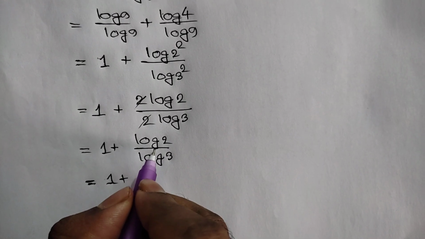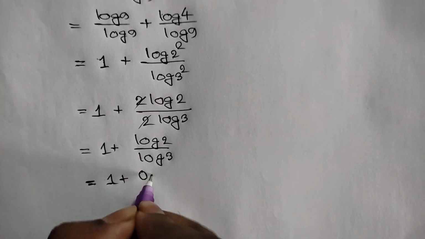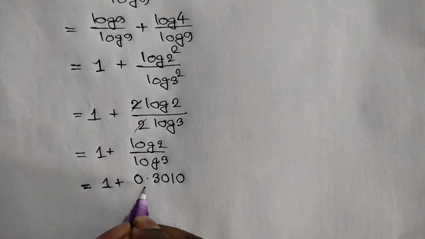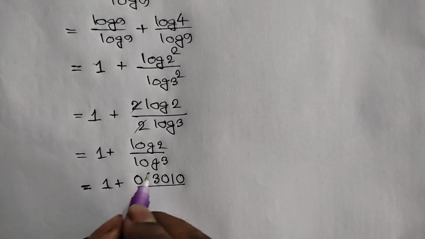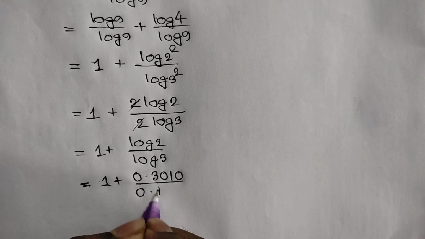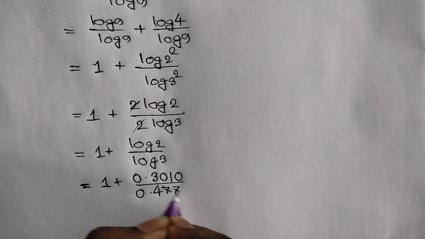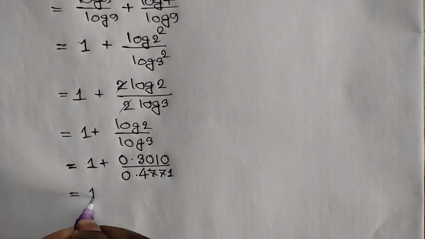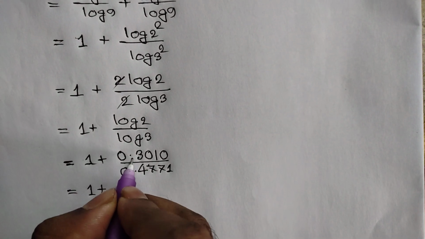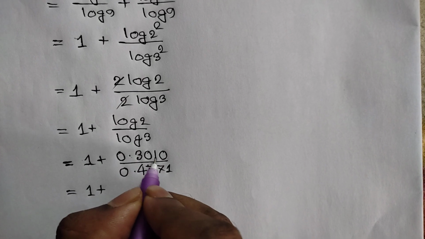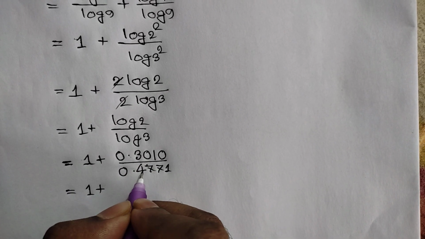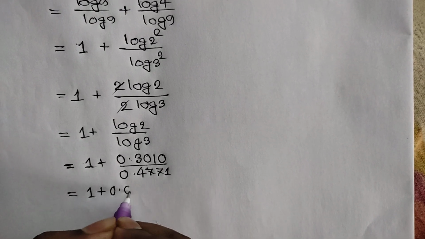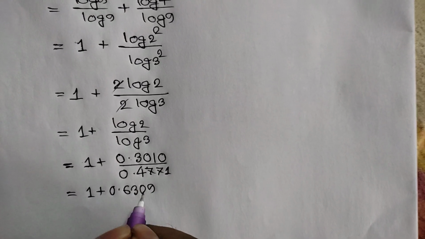The approximate value of log of 2 is 0.3010 and the approximate value of log of 3 is 0.4771. So x is equal to 1 plus 0.3010 over 0.4771, which is 0.6309.